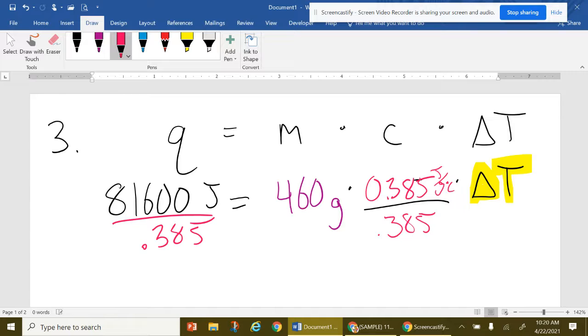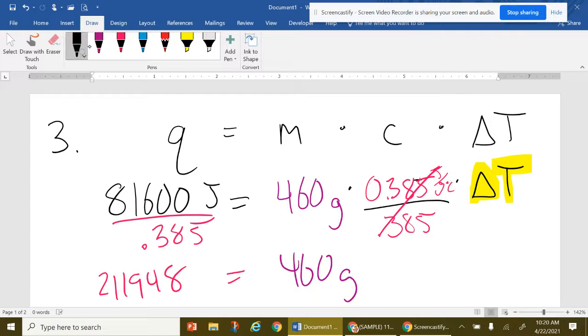So it cancels out over here. 81,600 divided by 0.385, and I get 211,948. Okay, and that's equal to 460 grams times the change in temperature.